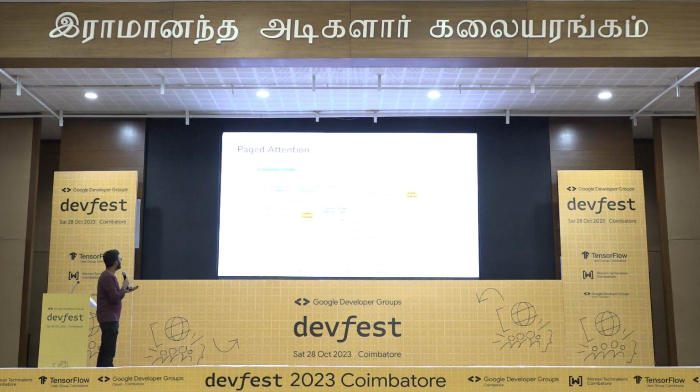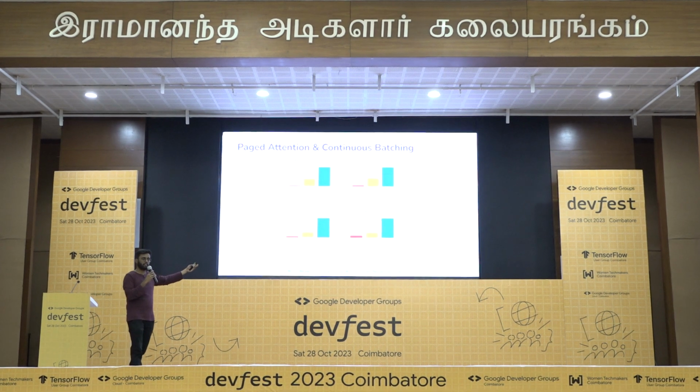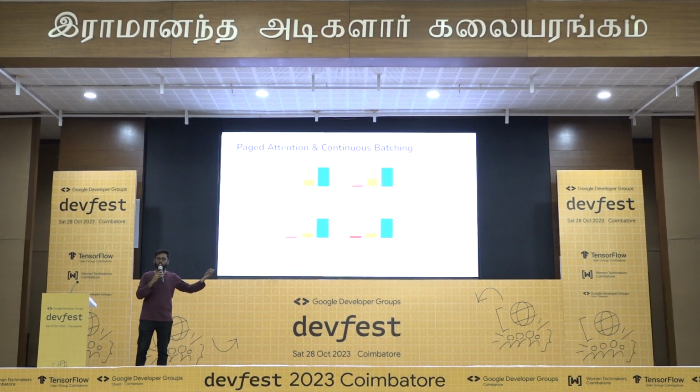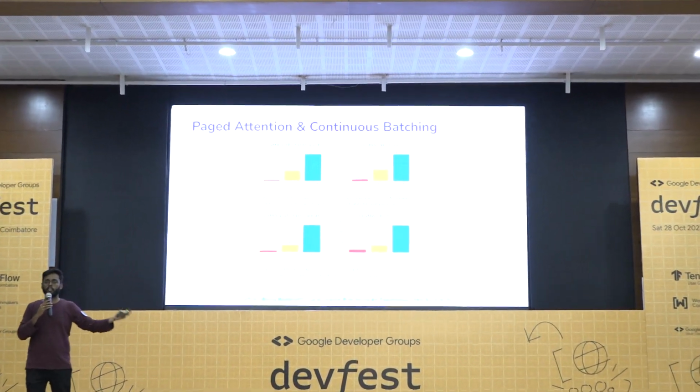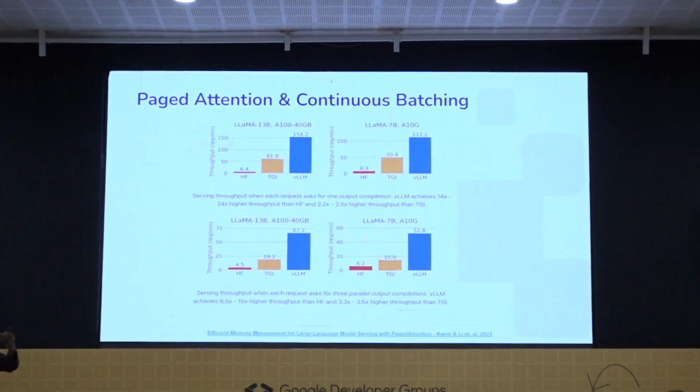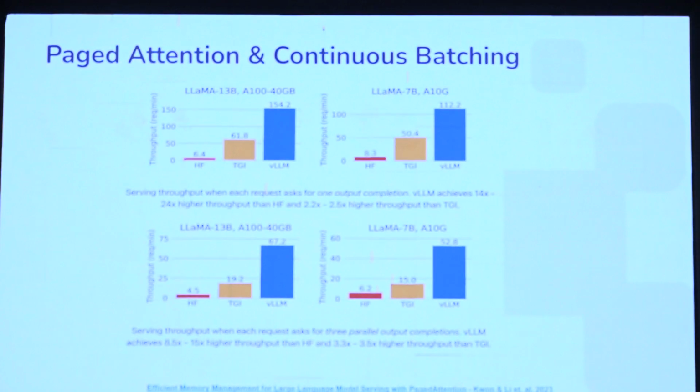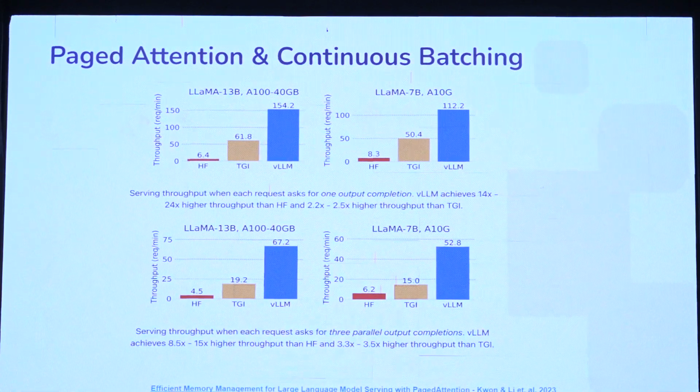This has given a very good improvement in inference speed. Currently vLLM, with the combination of paged attention and the continuous batching that we saw before, is one of the most efficient libraries for LLM inference.